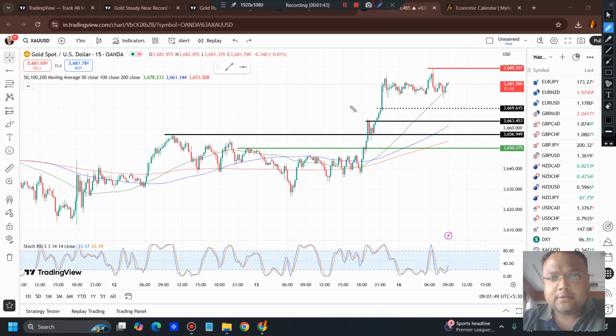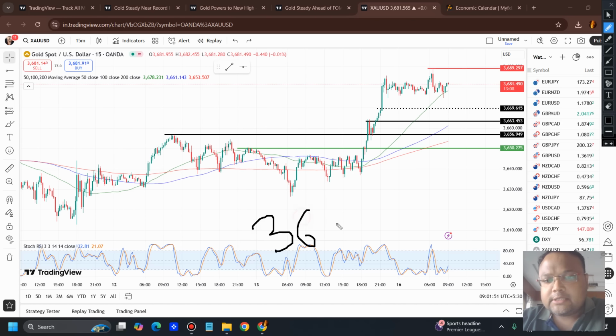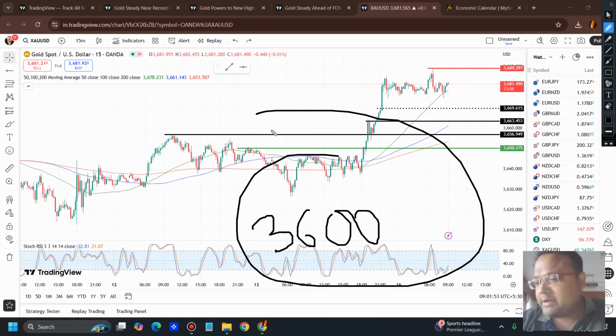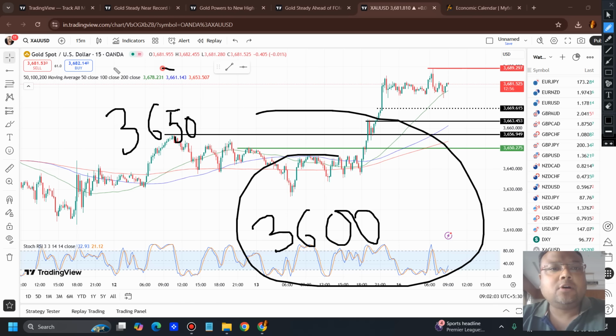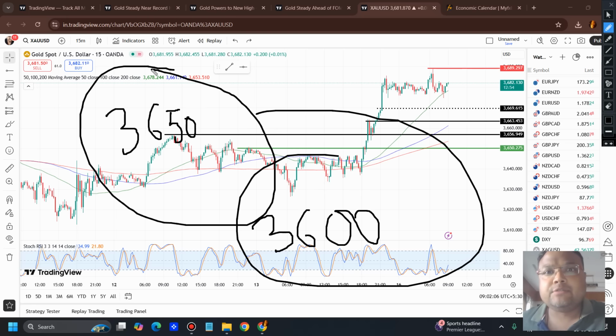So my dear friends, as we have already discussed in a previous video, as long as gold is trading above 3600, we need to consider the market to be bullish. And especially today, we need to consider the market to be bullish as long as it is trading above 3650. Keep in mind that trend reversal and retracement are different things. In trend reversals, selling pressure is very high and you need to be in a sell position.